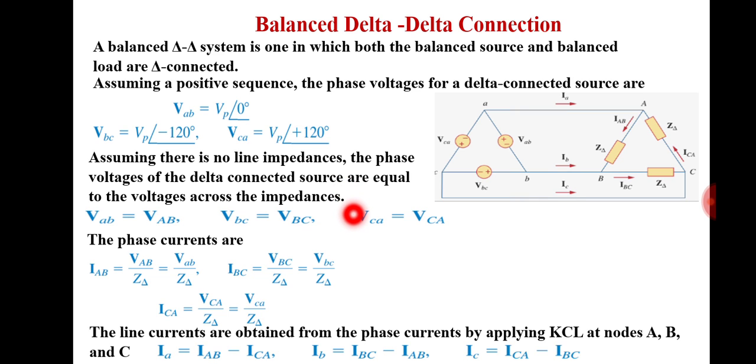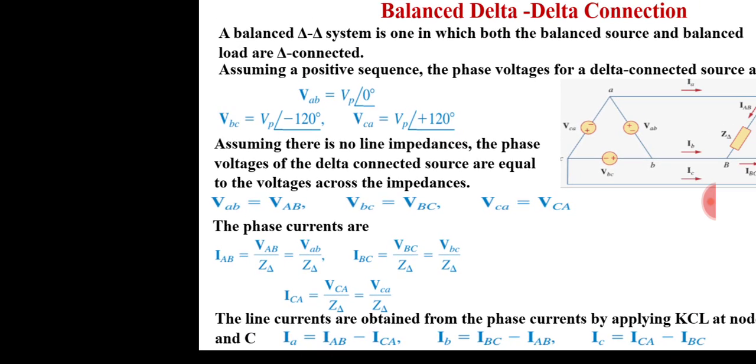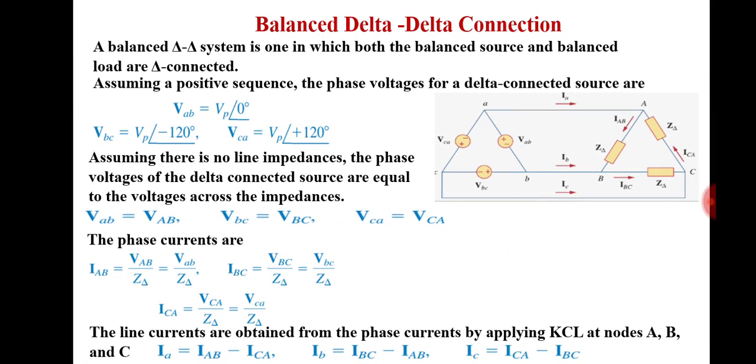Assuming here there is no line impedance in the circuit, so here we say no line impedance. The phase voltages of the delta connected source are equal to the voltages across the impedance.